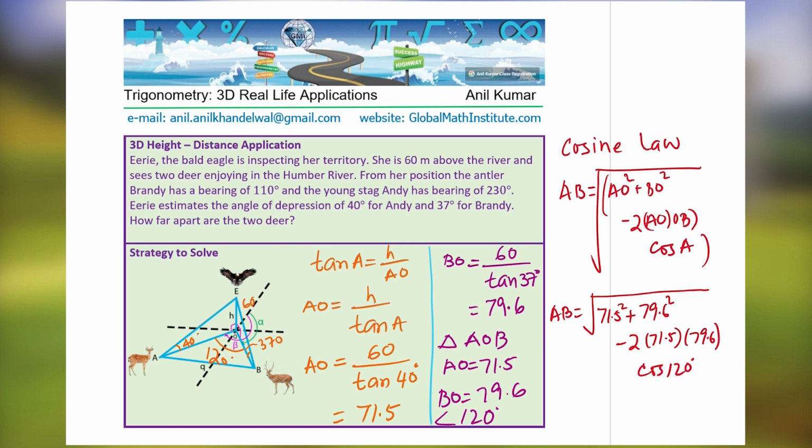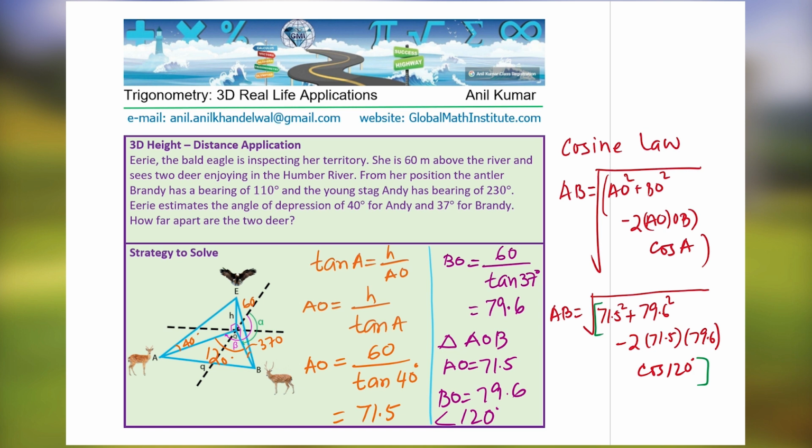So we'll substitute all these values and calculate using the calculator, correct? So let me do it. So we have 71.5 whole square plus 79.6 whole square minus 2 times 71.5 times 79.6 times cos of 120 degrees, correct?